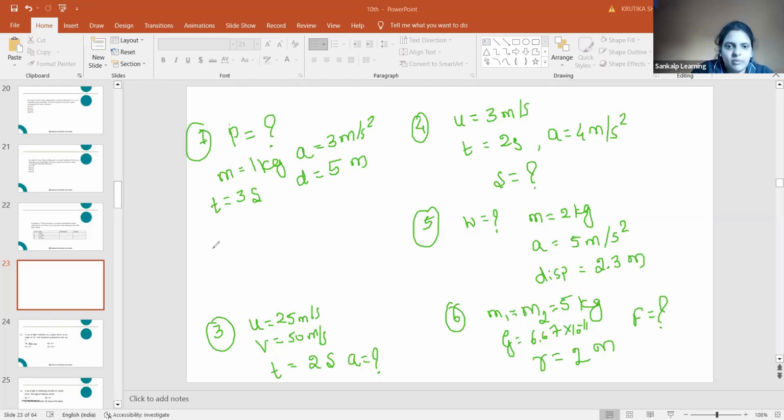Calculate the power. Then the last one, the eighth one, I have velocity 8 meter per second, and the momentum is 64 kg meter per second. Calculate the mass.